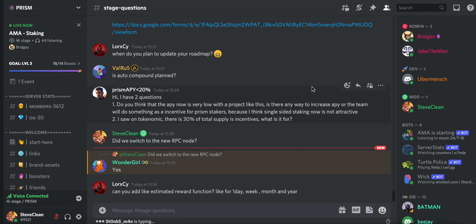So if I stake a lot of Prism with the flexible type, someone who stakes much less Prism with, let's say, a 2-year lockup is gonna get the same rewards basically, because we want to incentivize people who look at Prism in the long term, are planning to be with Prism in the long term, and also want to participate in the governance. So that's how it works.